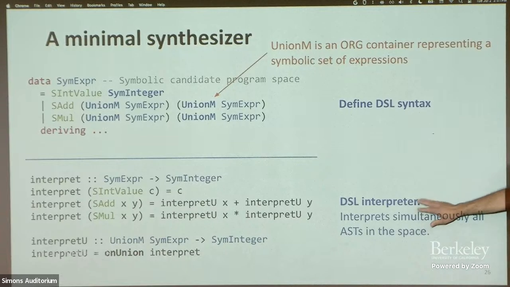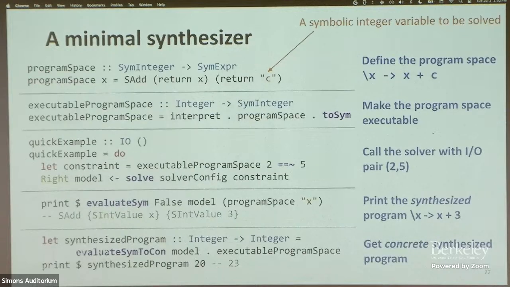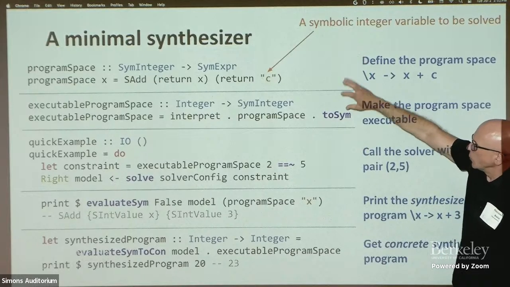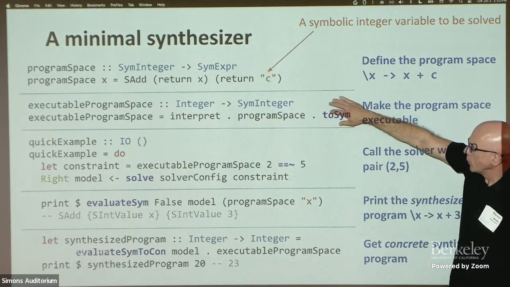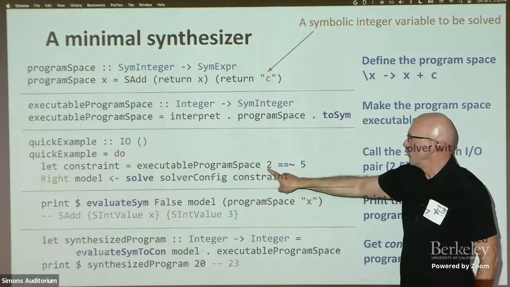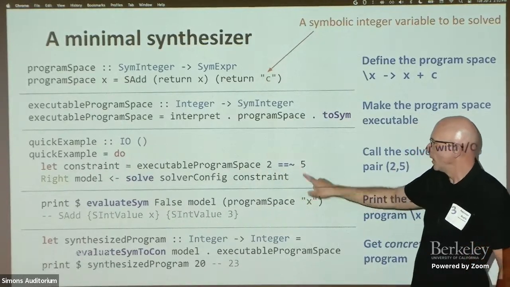And what this DSL interpreter does is essentially interpret all possible abstract syntax trees that are in the symbolic list all at once, right? Because it walks over that symbolic data structure. And here, essentially, you define the program space. You can now evaluate it. You specify that when you evaluate it on input 2, it should be 5.